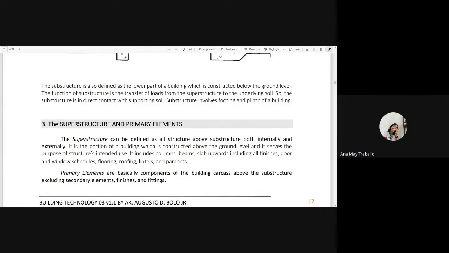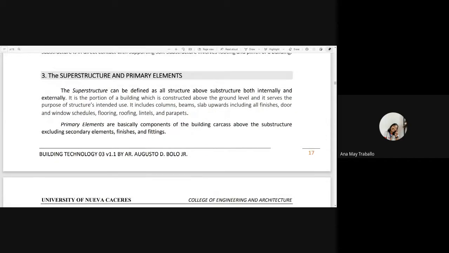It includes columns, beams, slab upwards, including all finishes, door and windows schedules, flooring, roofing, lintels, and parapets. Primary elements are basically components of the building carcass above the substructure, excluding secondary elements, finishes, and fittings.